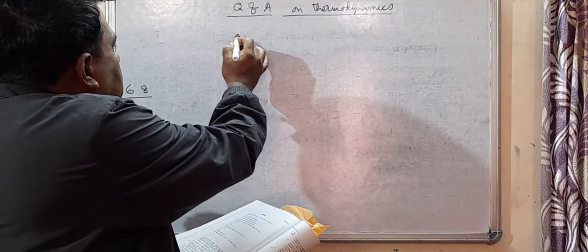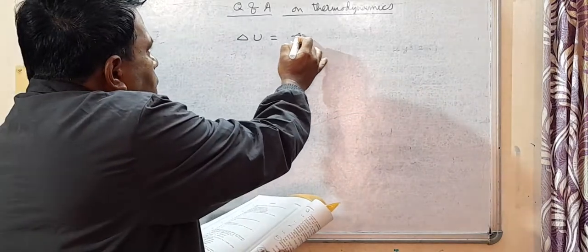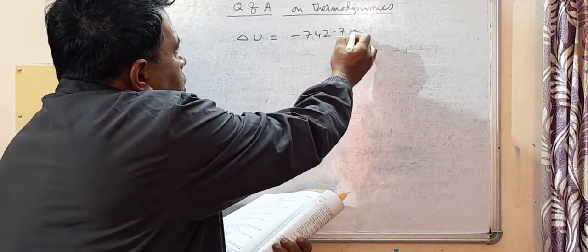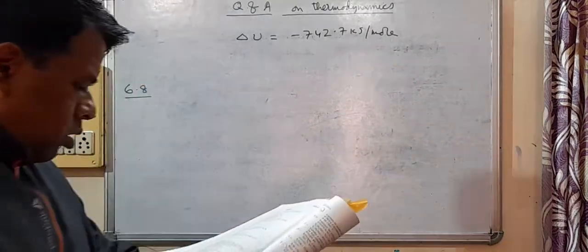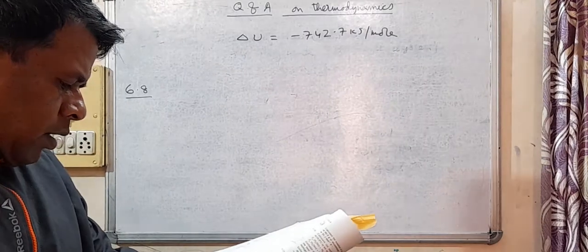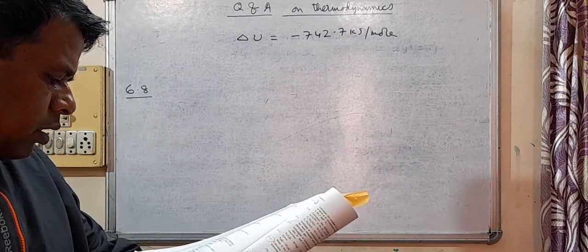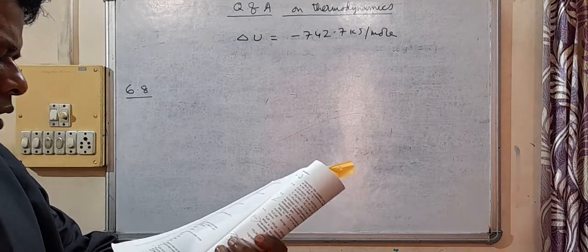So straight away delta U value is given, and this is happening at temperature 298 Kelvin. Calculate the enthalpy change for the reaction.